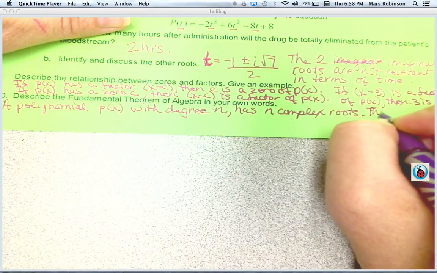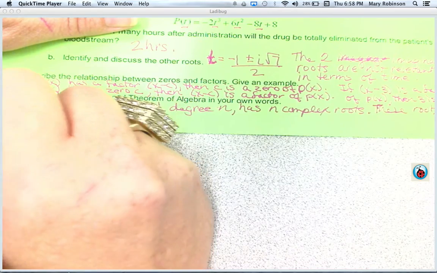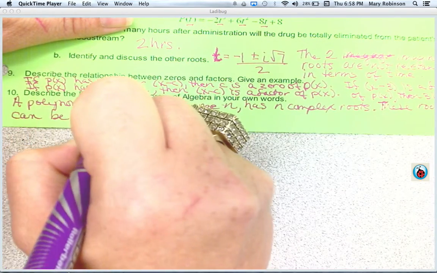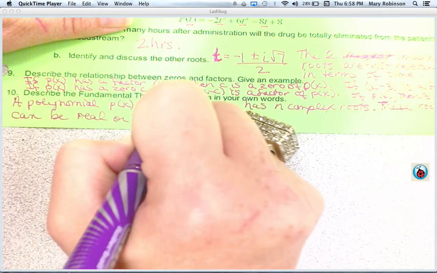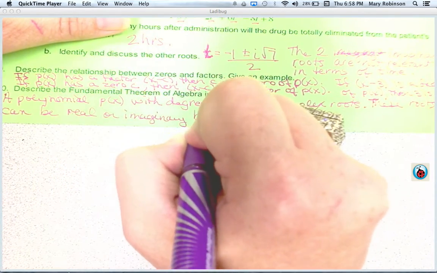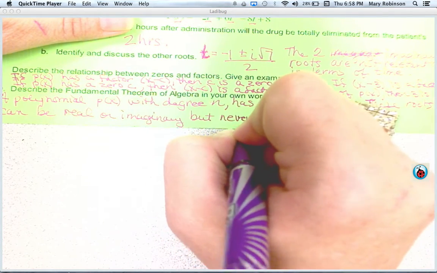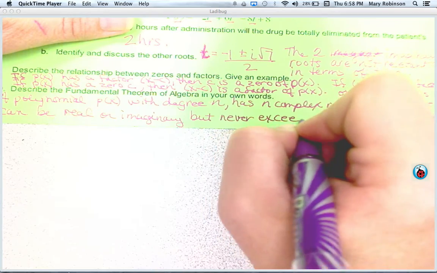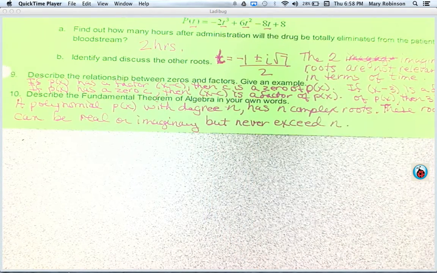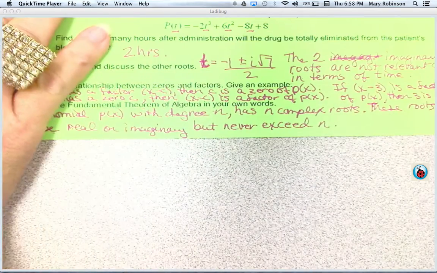These roots can be real or imaginary, but never exceed n, which is your degree, okay? So the most zeros you can have is equal to the degree. All right.